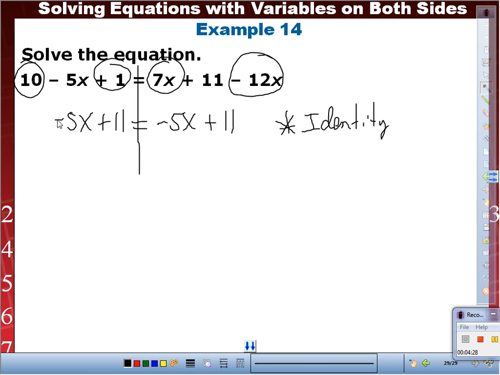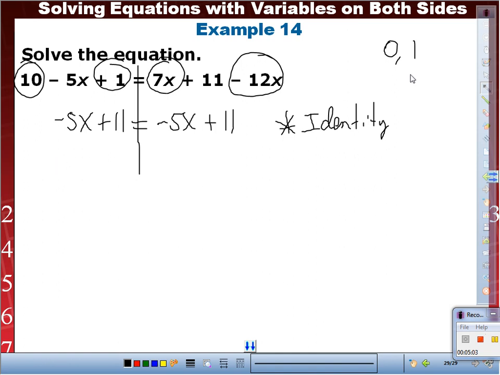Because it doesn't matter what we substitute for the variable, we always end up with the same thing here and here. Is that correct? For example, if I substitute the number 0 for x, what is negative 5 times 0? And what do we have left? So what would we have left on the other side? 11, because it's identical, yes?